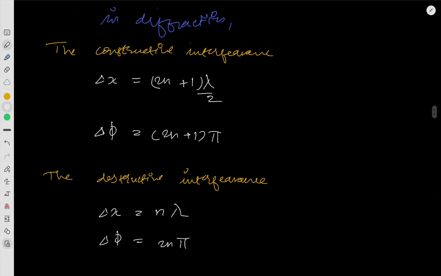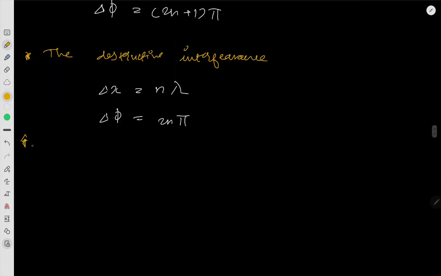And this is the experimental result that we got, and that's just it.